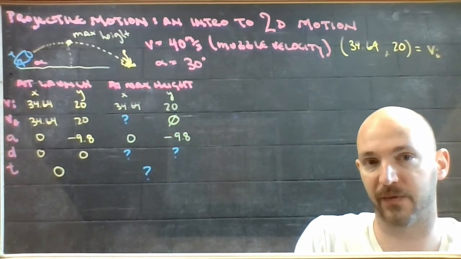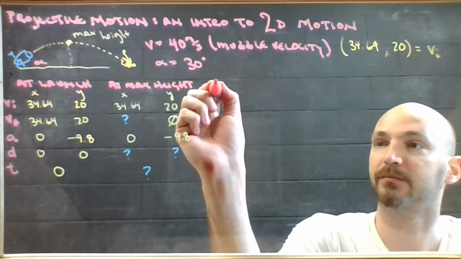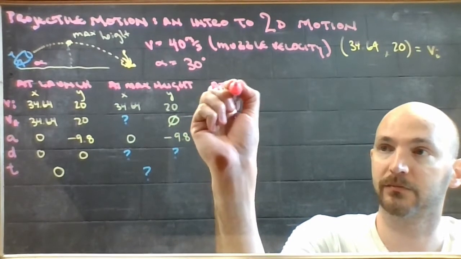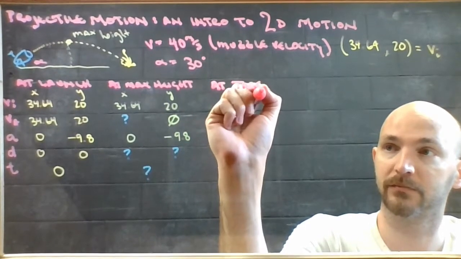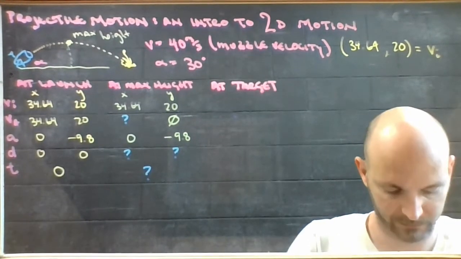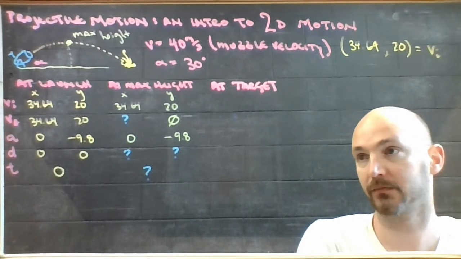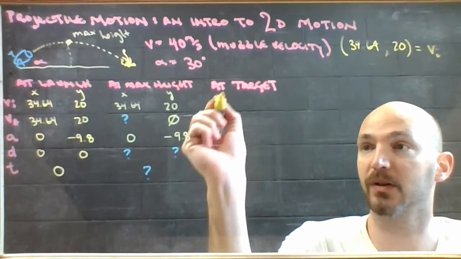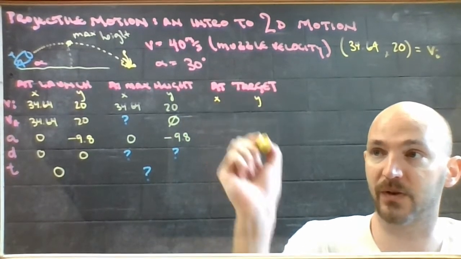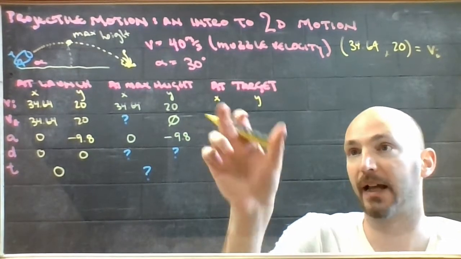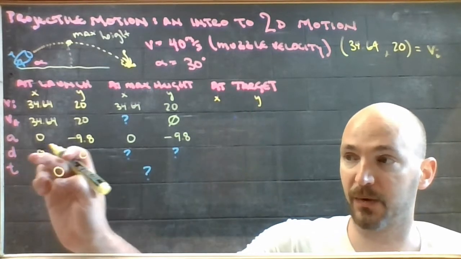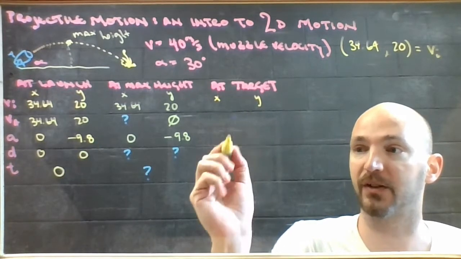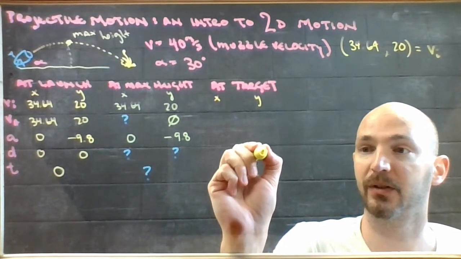We can fill in some information. I'm going to need a horizontal set of numbers and a vertical set of numbers. And the definition of a target is where the distance in the vertical direction has returned to a height of 0.